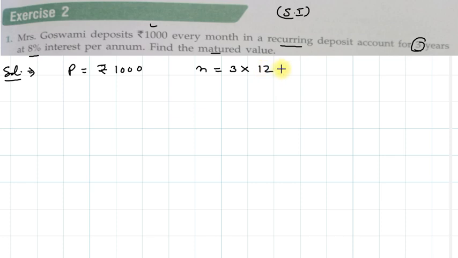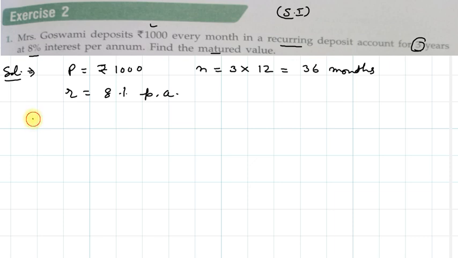So in 3 years the number of months would become 36, right? So R is 8% per annum, right?